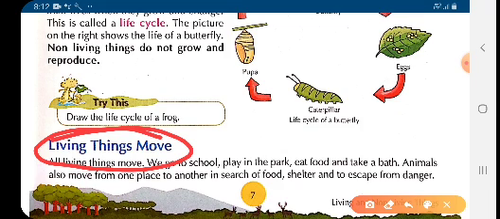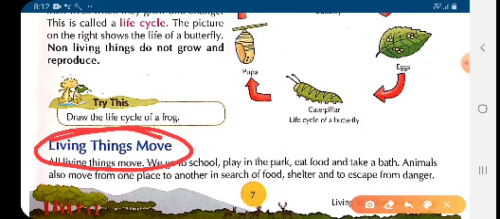The most important activity of their life is to get food. So these animals move from one place to another in search of food, and also to protect themselves from their enemy. So children, all the living things need to move from one place to another. They also move in search of food and shelter, and to escape from dangers, or to escape from their enemy.